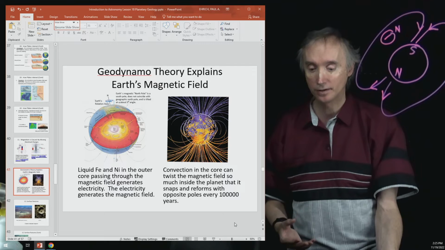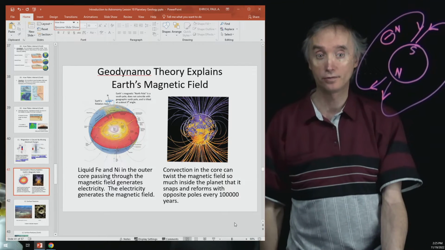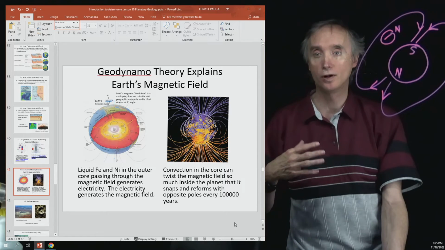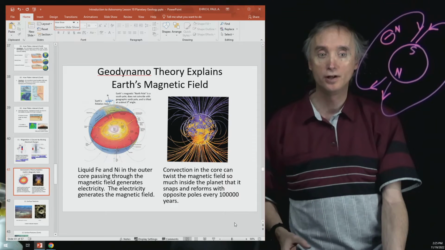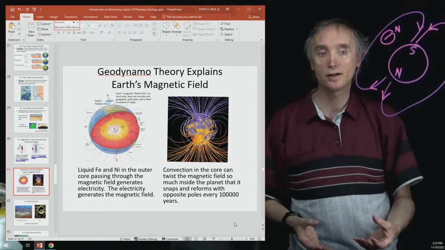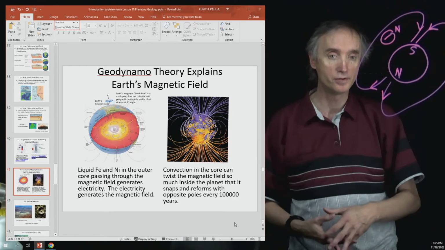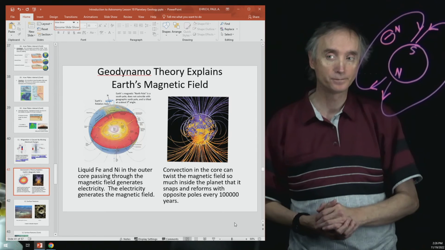So without that magnetism, some of that radiation will hit the Earth. And there are biologists that say that that is what causes evolution. So every 100,000 years or so, you have more mutations as a result of this incoming radiation, and then maybe that's what drives evolution. So we don't really know, but that is a possibility.